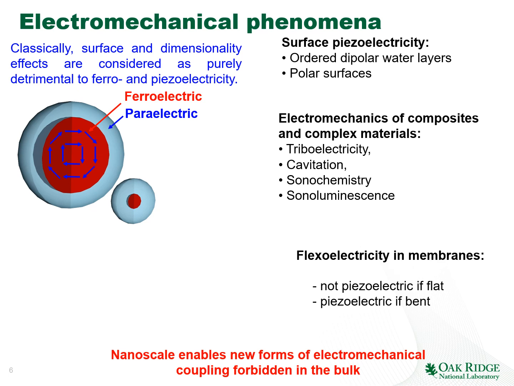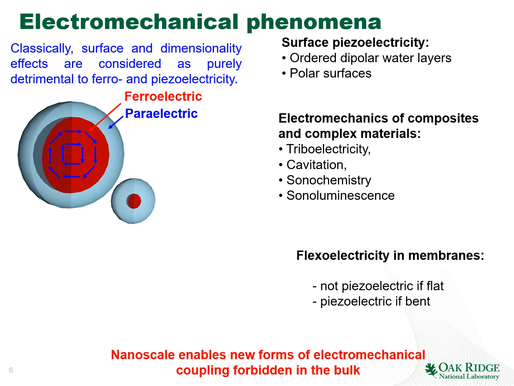Another example is the biological membranes. For example, we can hear, and hearing means that acoustic signals of the air, so the mechanical vibration of the air, can be translated into electrical signals that our brains can analyze.